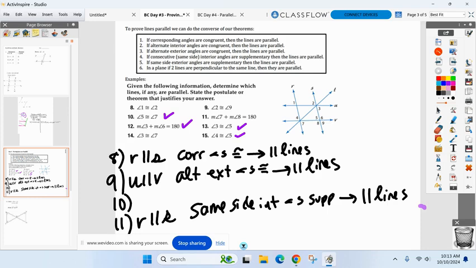Let me check the notes. So S is the transversal. Same side interior. Same side interior. Yeah. How is that interior, not exterior? It's exterior. Oh yeah, I'm thinking of it wrong.